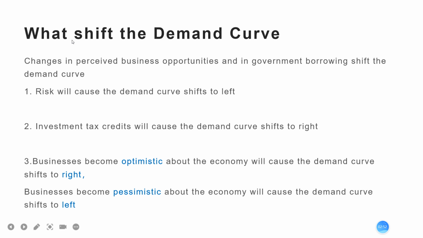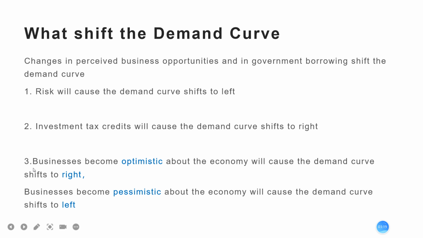So what shapes the demand curve? Changes in perceived business opportunities and in government borrowing shape the demand curve. For example, risk will cause the demand curve to shift to the left, and investment tax credits will cause the demand curve to shift to the right.